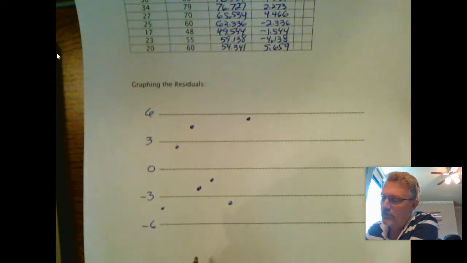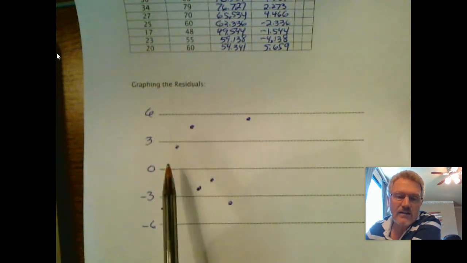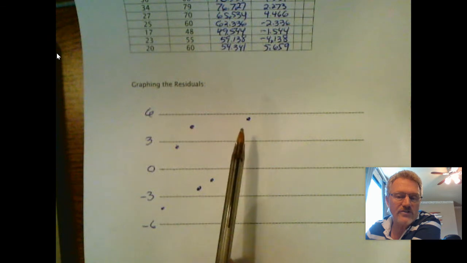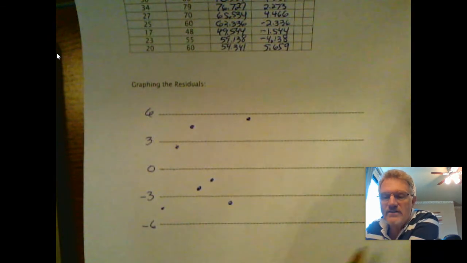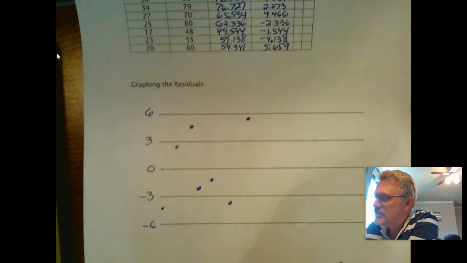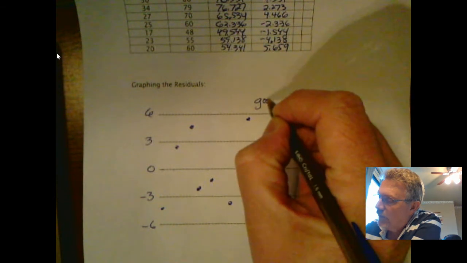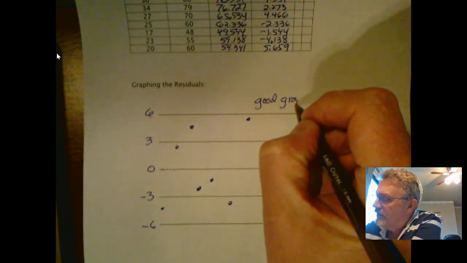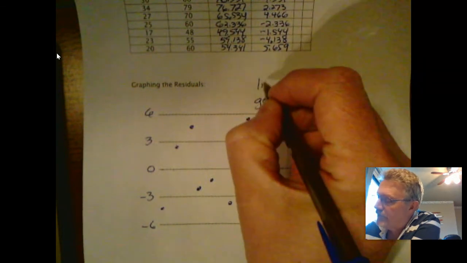But these are all over the place, and if you're talking numbers around 60 and 70, and our highest difference is less than 6, then that's not too bad. So this is a pretty good graph, and what it says is that the linear model is a good fit.